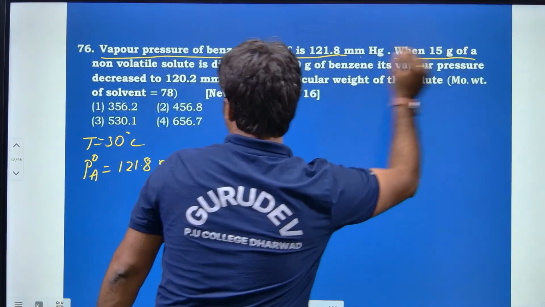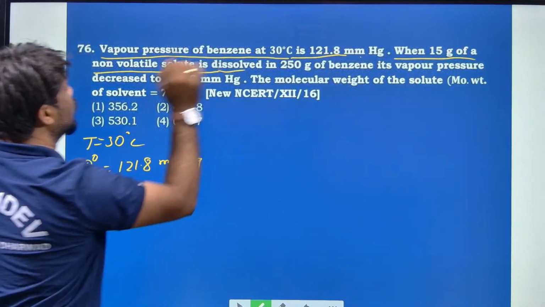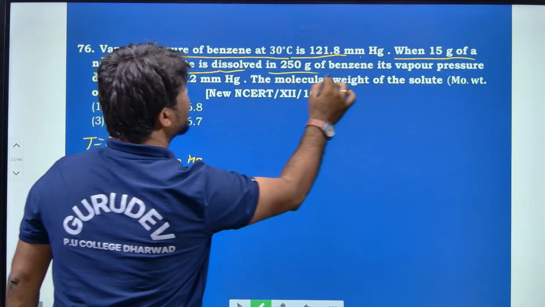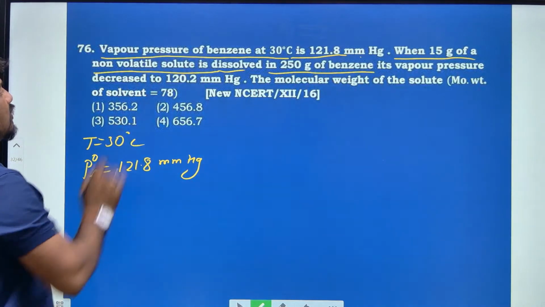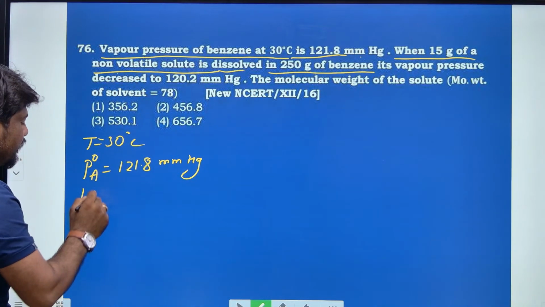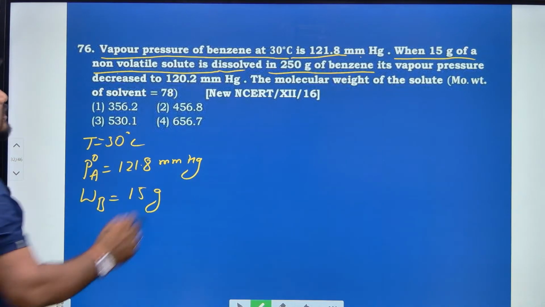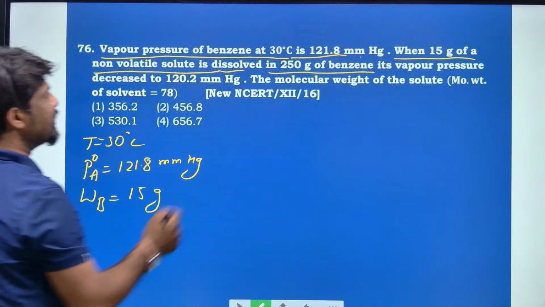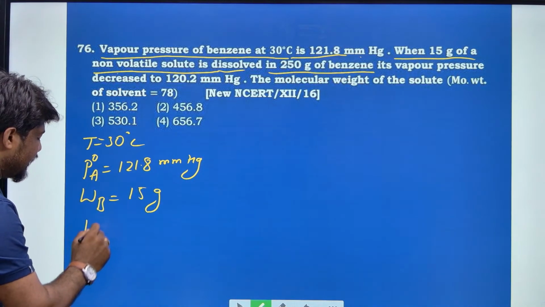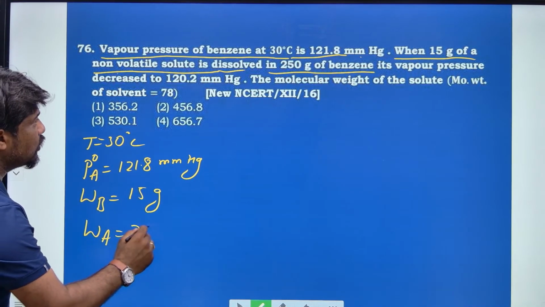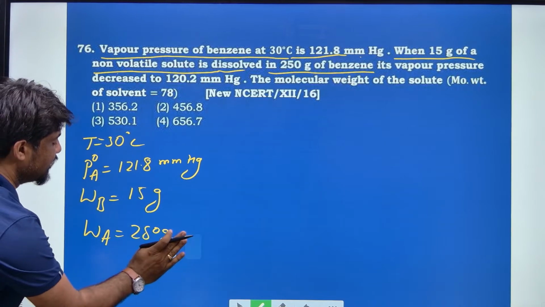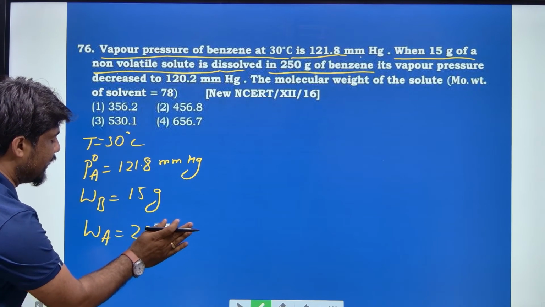When 15 grams of non-volatile solute is dissolved in 250 grams of benzene. So the non-volatile solute is nothing but the weight WB, weight of the solute, that is 15 grams. Dissolved in 250 grams of benzene. Benzene is the solvent, that is WA. They have given 250 gram.